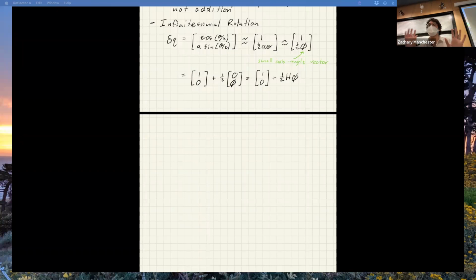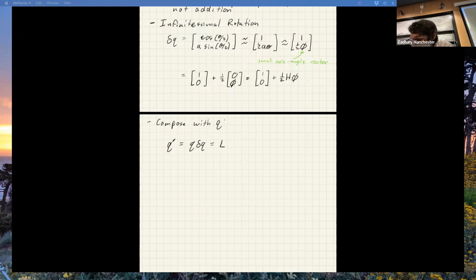The order matters and all that stuff. So we've got to do that now instead. So when I compute q prime equals q times delta q, which is the equivalent of x prime equals x plus delta x, I'm going to multiply now.